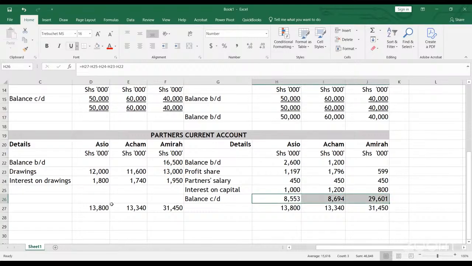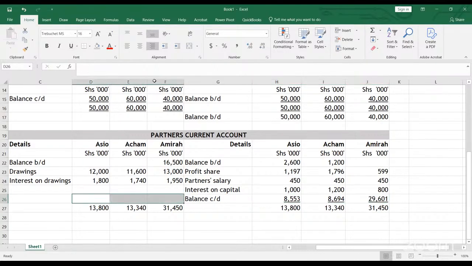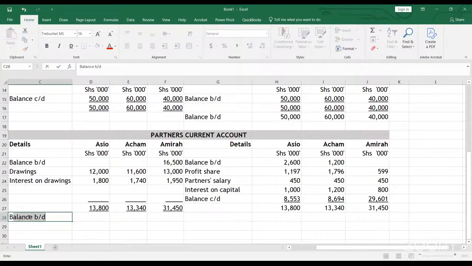So that is the current account. And that is our current account. So these balances are debit balances. So they are negatives.